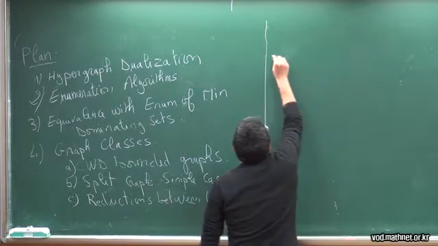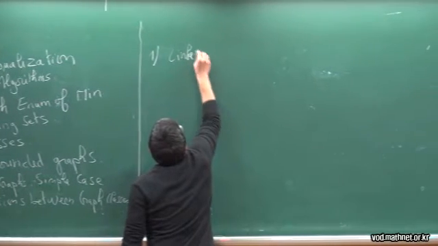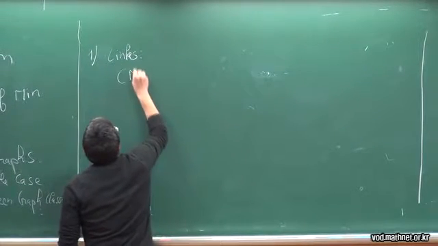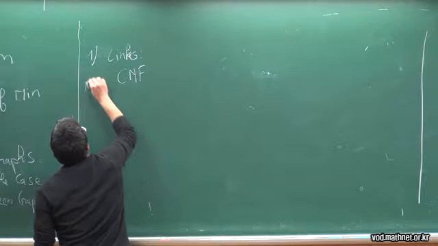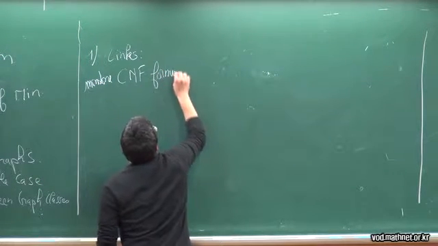So what are the links between, for instance, a CNF formula, a monotone CNF formula? Maybe I have to explain.